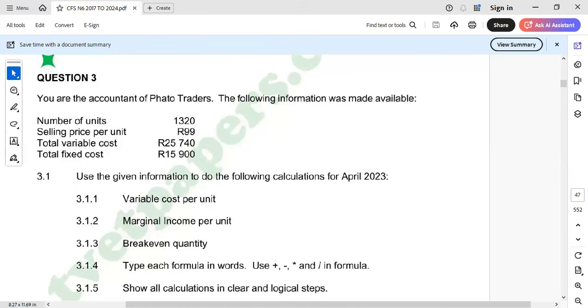So which means you're going to say is equal to total variable cost divided by number of units. So which means our variable cost per unit is how much? Is 19 rand. Okay.